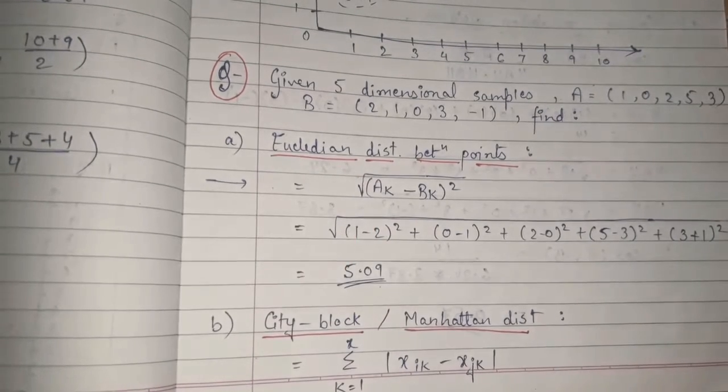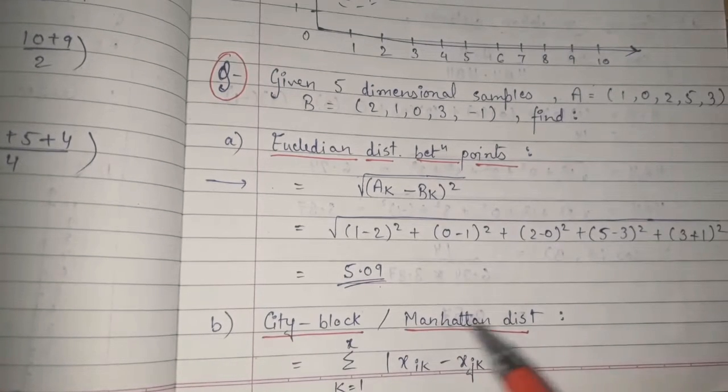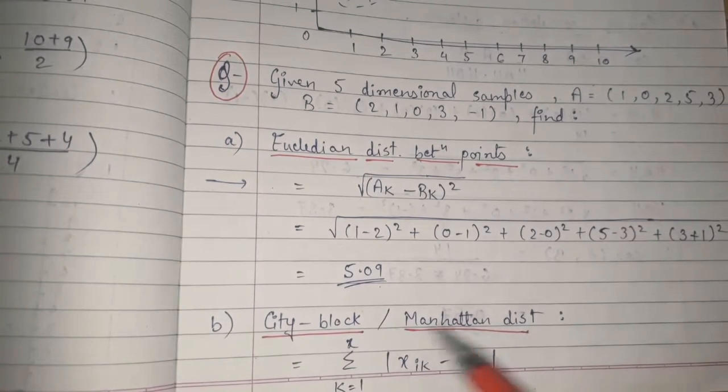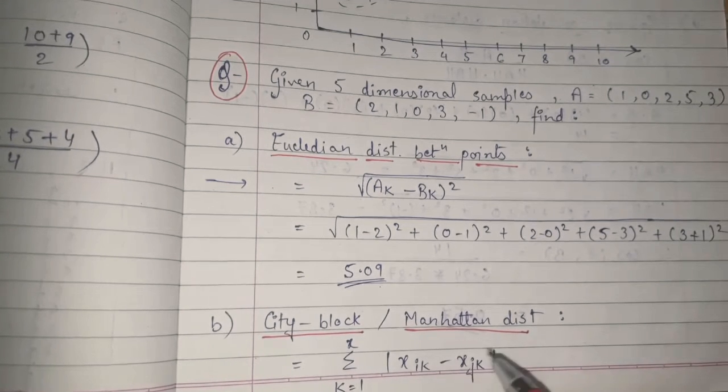Now the second technique is to find the distance between these points using city block or Manhattan distance. If Manhattan distance or city block distance is asked, both are the same. So what is the formula? Summation of k equal to 1 to n of |x_ik minus x_jk|, and notice this is the modulus sign.